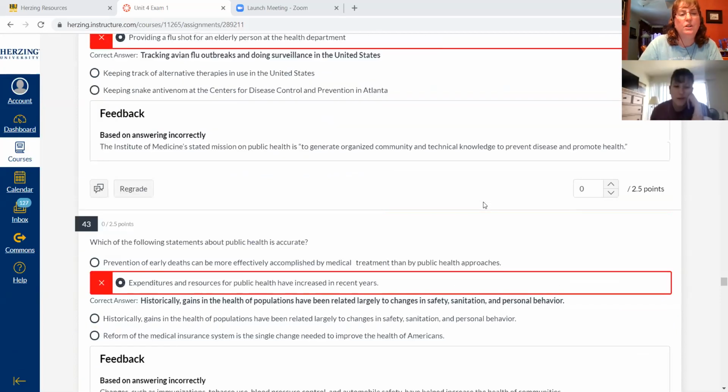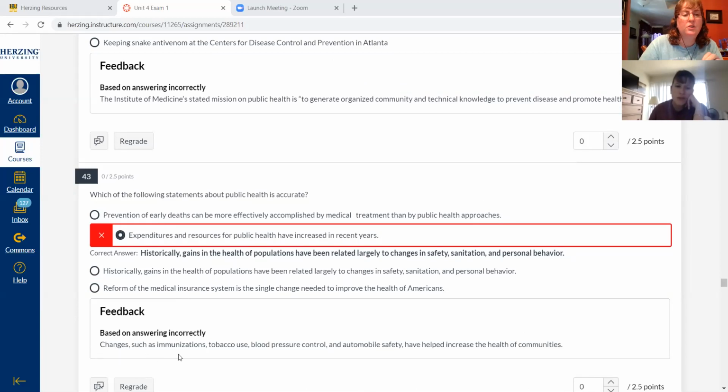Let's see, which of the following statements about public health is accurate? So it should be changes such as immunizations, tobacco use, blood pressure control, automobile safety have helped increase the health of communities. So your answer should have been historically gains in the health of populations have been related to changes in safety, sanitation, and personal behavior, which kind of makes sense.